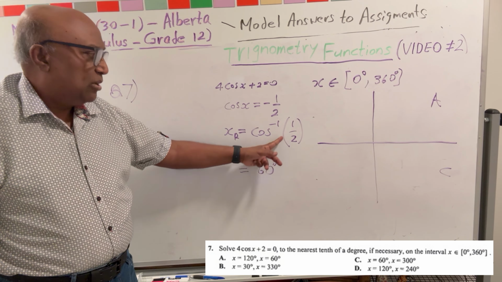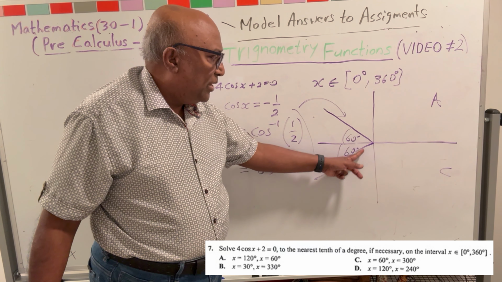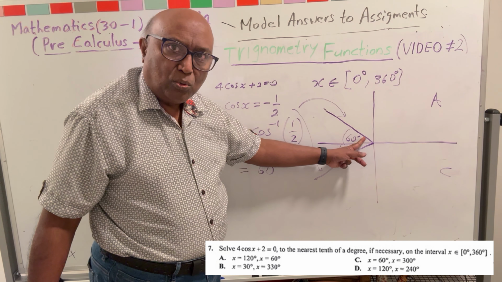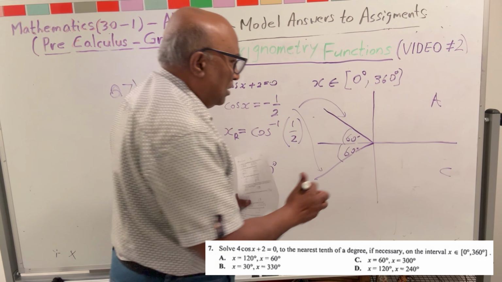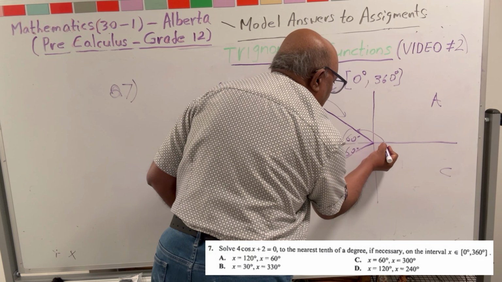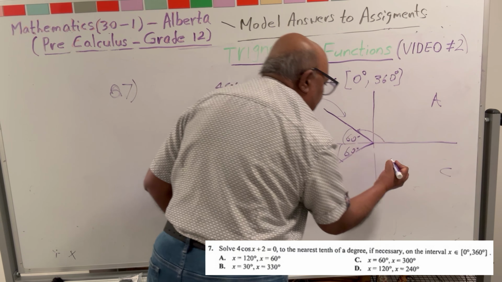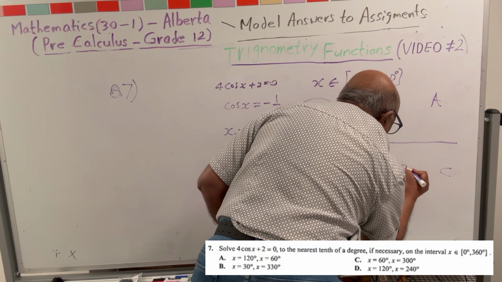Now what you have to do is pretty simple. Just read the corresponding angle for these two positions. For this position, what's the standard position angle? This one is 180 minus 60, that is 120.